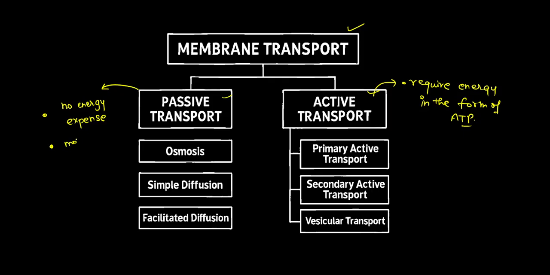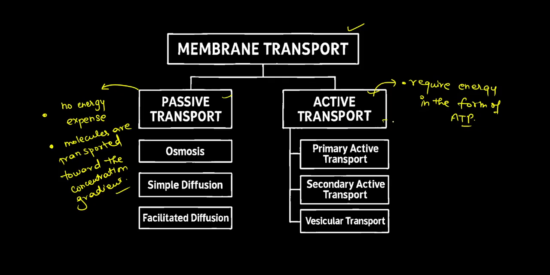Another difference is that in passive transport, molecules are transported toward the concentration gradient, but in active transport, the movement of these molecules is against the concentration gradient.